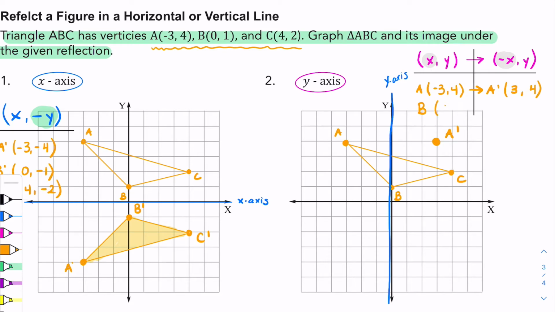For point B, located at 0, 1, when we apply the transformation rule, we have our x coordinate of 0. 0 times -1 is still 0. So B is actually on the line of reflection, which means B prime is also going to be on the line of reflection.